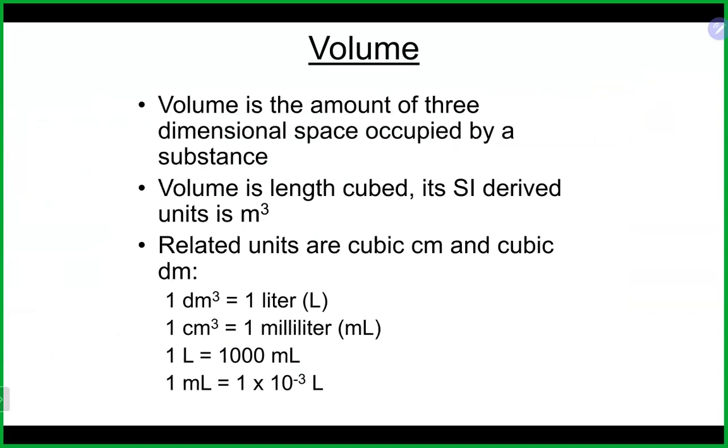The volume SI unit is length cubed, which is meters cubed. There are a few different relationships. 1 decimeter cubed is a liter. This relationship is one that is used a lot, and obviously you do need to know it. 1 centimeter cubed is equal to 1 milliliter, so it is a 1-to-1 conversion.